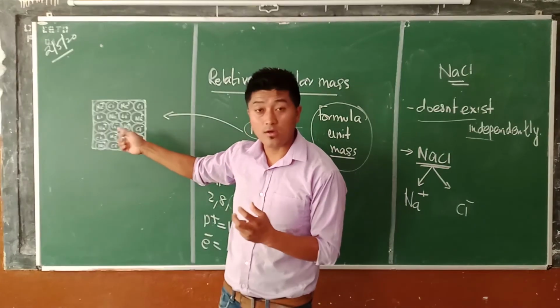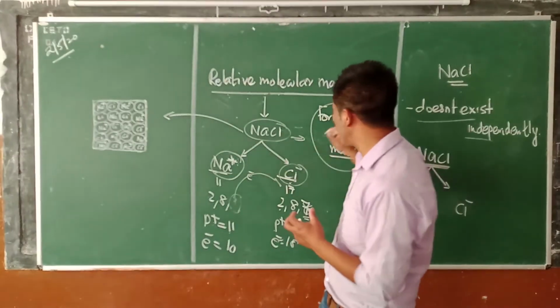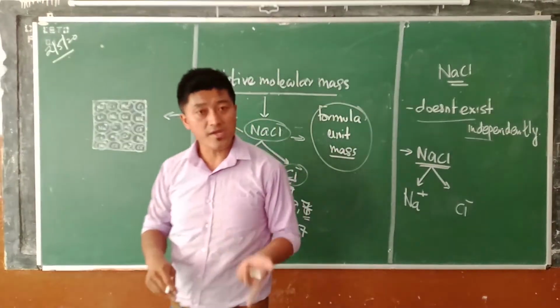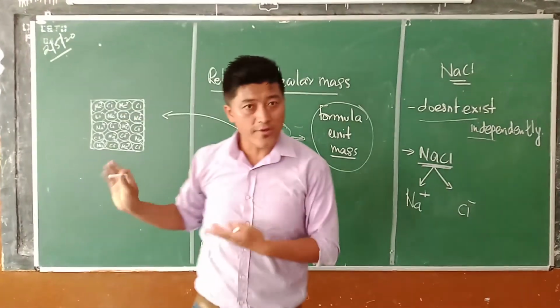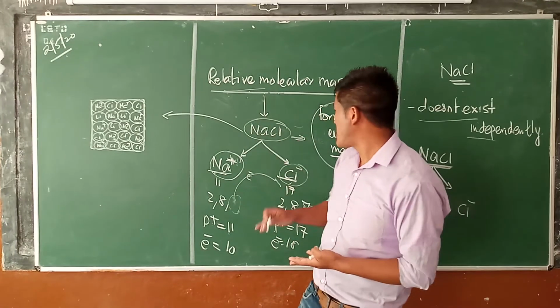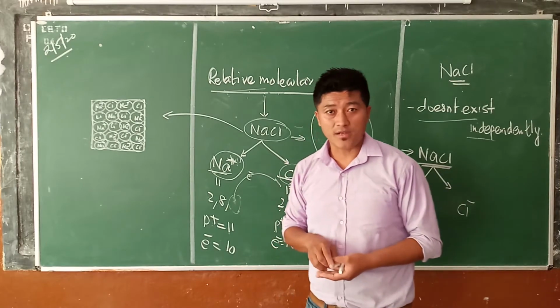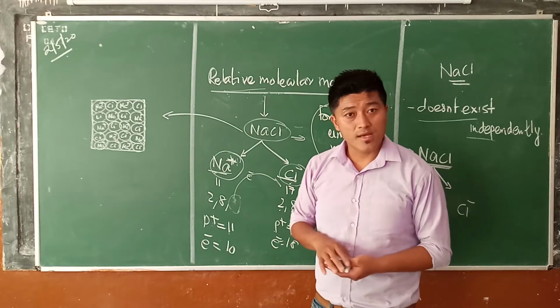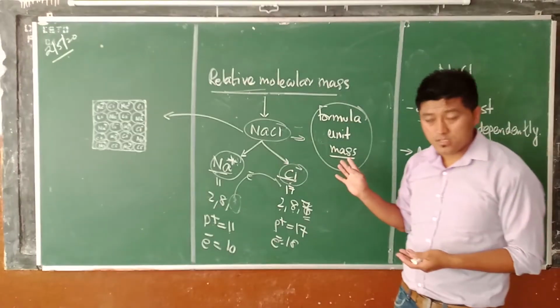This kind of compound is what we call an ionic compound, and generally formula unit mass is used for ionic compounds. We never use relative molecular mass on ionic compounds. That is the biggest difference between relative molecular mass and formula unit mass. Is that clear? So I hope you all have a clear understanding regarding the atomic mass, relative molecular mass, and the formula unit mass.